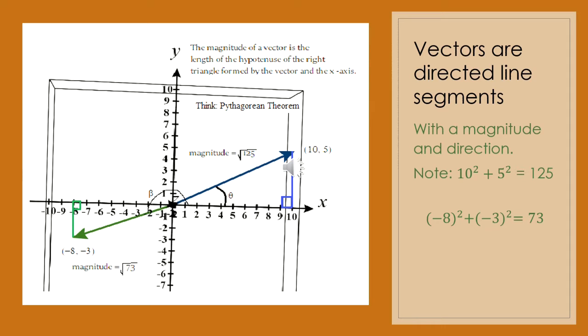So a squared plus b squared equals c squared. So the length of the vector is c, which would be the square root of 73. So for all vectors, Pythagorean theorem can just be used to find its length.